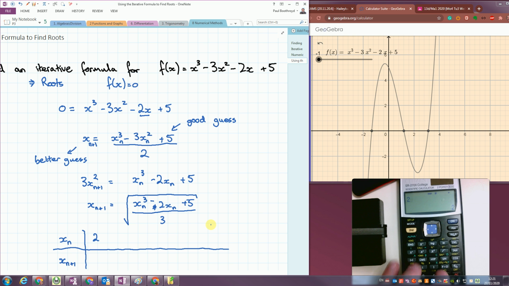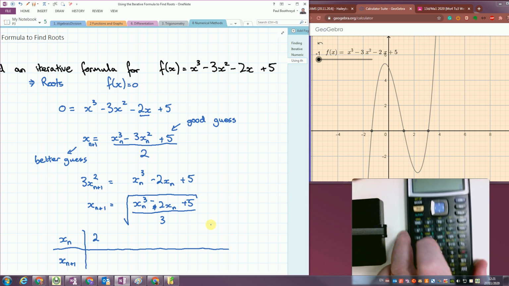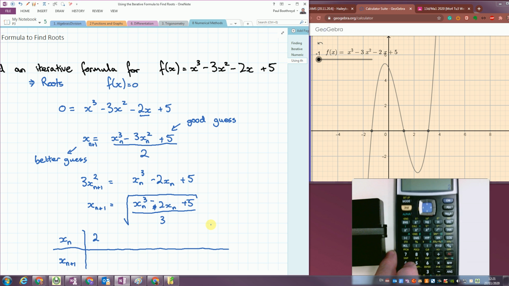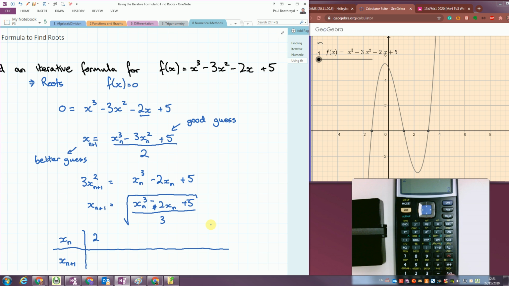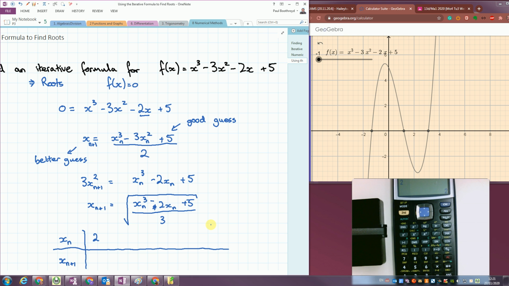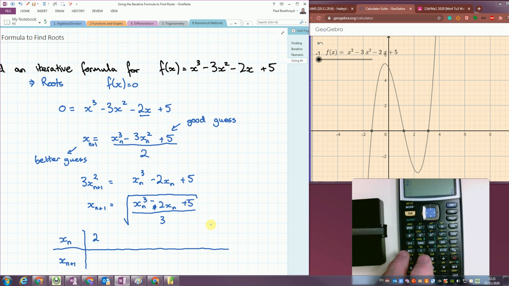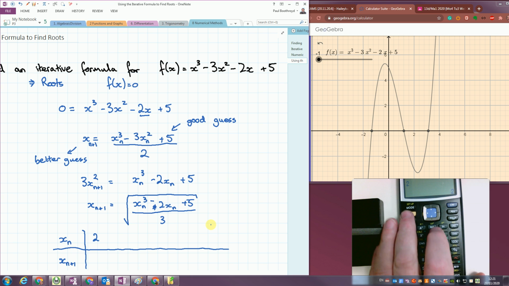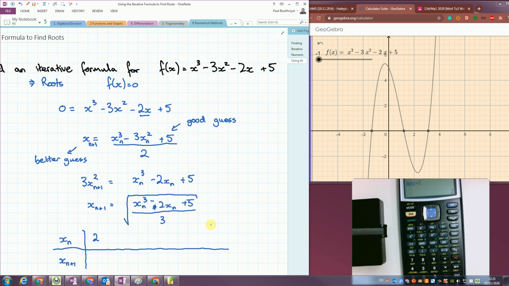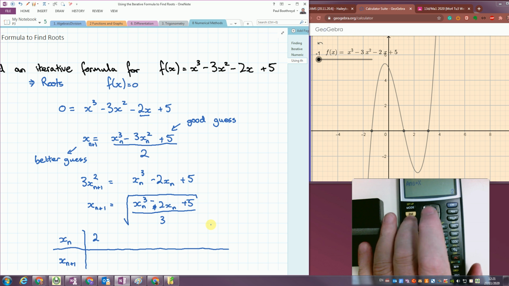So my value on the answer key down here is going to be whatever value was last calculated. Now you can do this, actually I'll show you a slightly tidier way. If we store this to x, using second, store and x, my value x now contains the number 2.